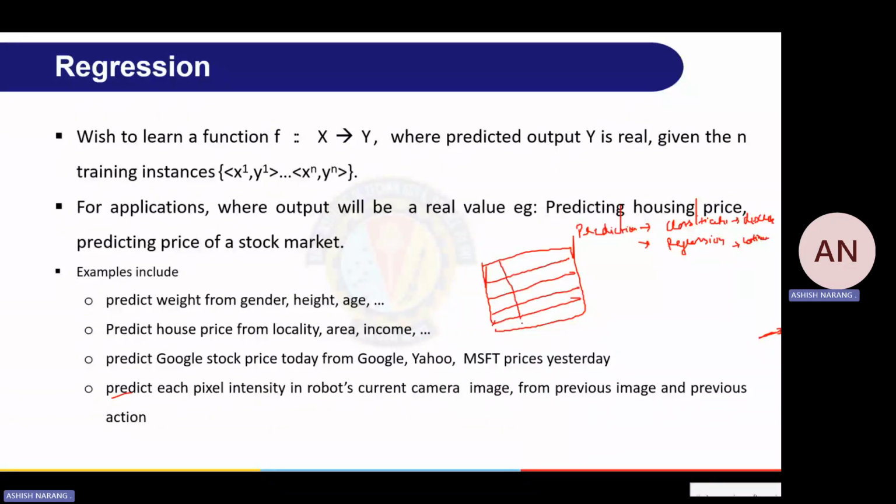We are given a data set like this. So we have some n samples, from 1 to n, and there are certain dimensions: this is x1, this is x2, this is x3, and so on.